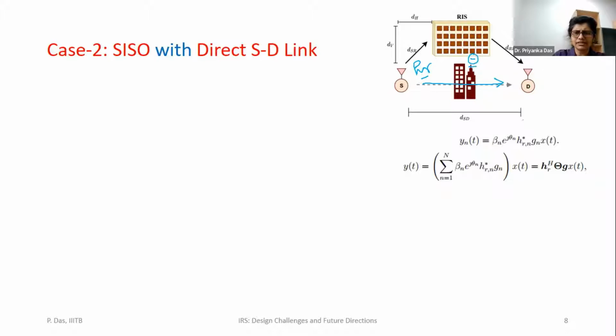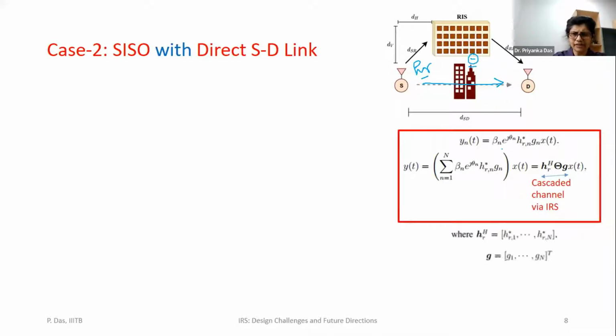The matrix theta is a diagonal matrix. What is exactly theta? That is a diagonal matrix where the diagonal elements are given by the IRS absorption coefficient and the reflection beta times e to the power j theta.